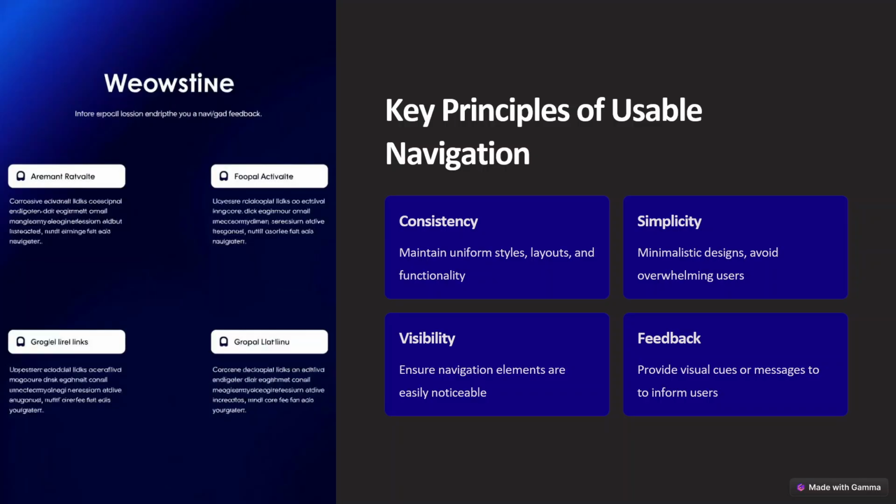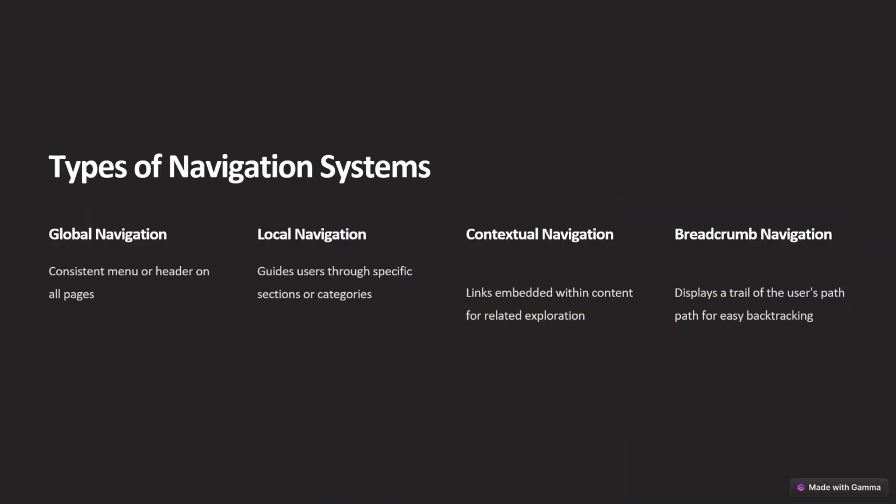You do not have to make multiple designs or hodgepodge all these design frameworks. It should be visible, and it ensures navigation elements are easily noticeable. It should not be a lot bigger or even smaller. It should be easily visible. Fourth is feedback. You have to rely on feedback from the user and change according to that.